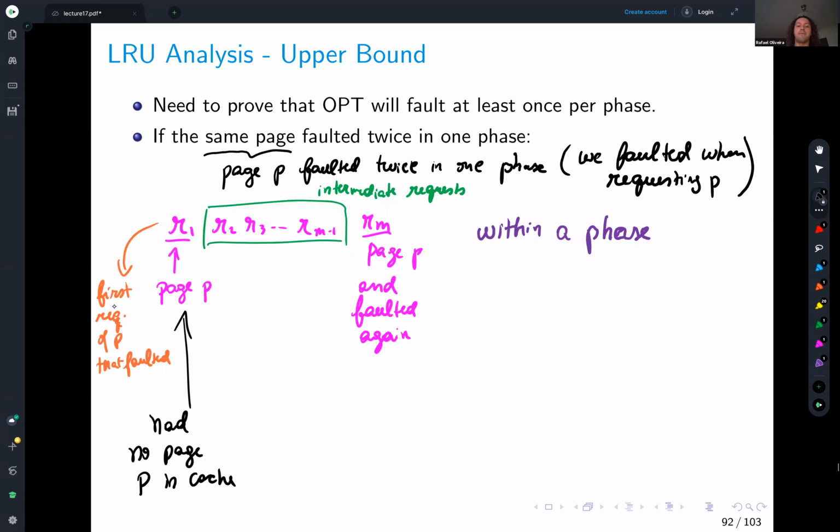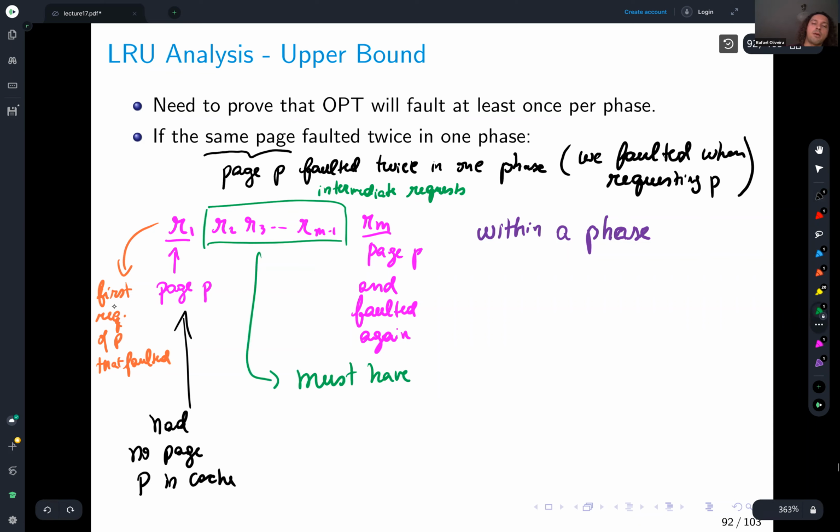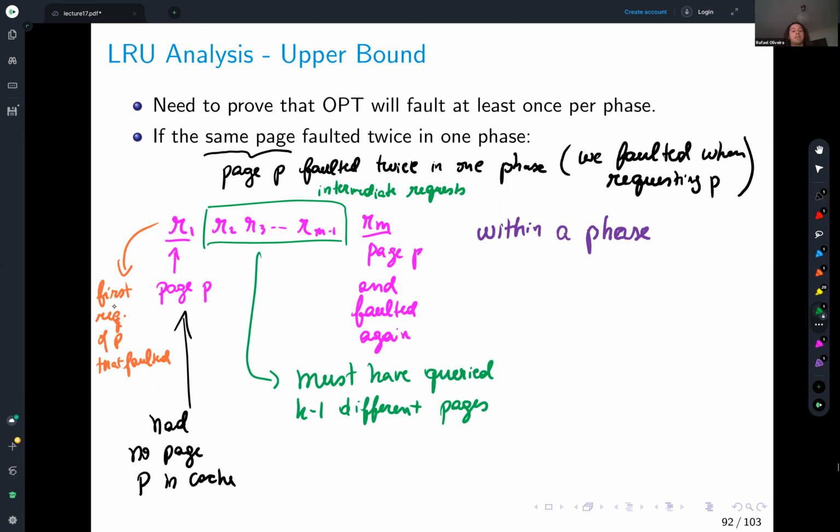So if I faulted here, it must be the case that I requested k minus 1 different pages, because out of the k pages in my cache, I will remove P. Does that make sense?